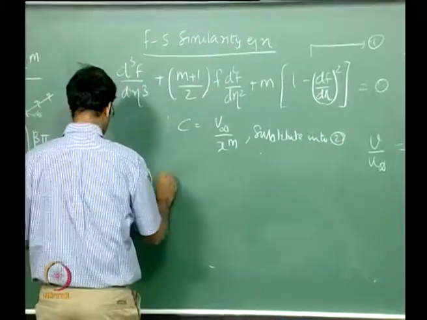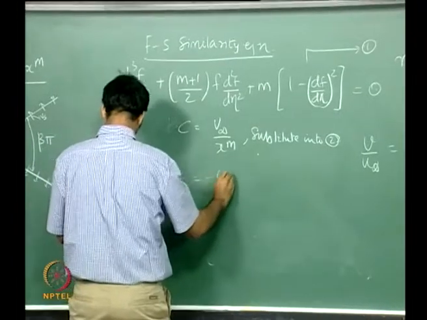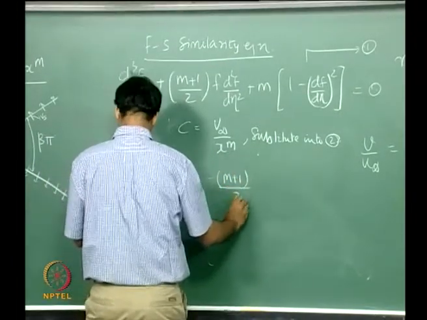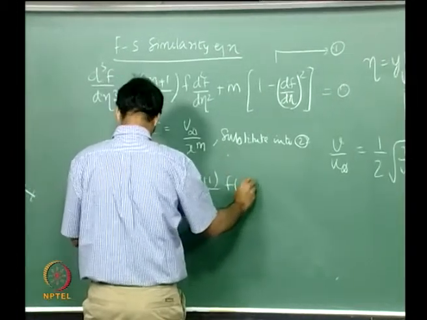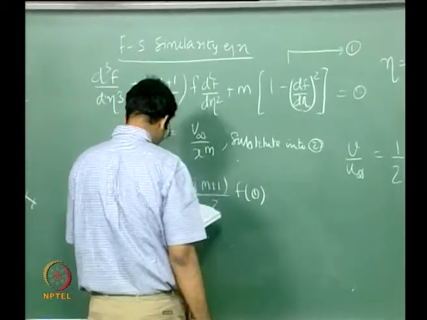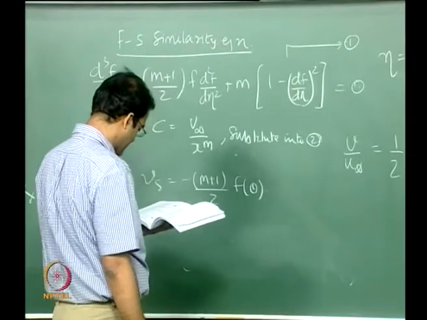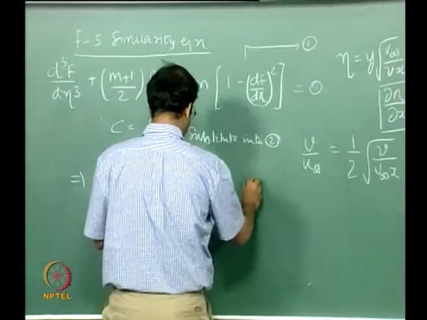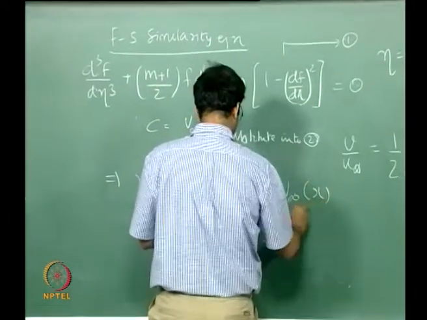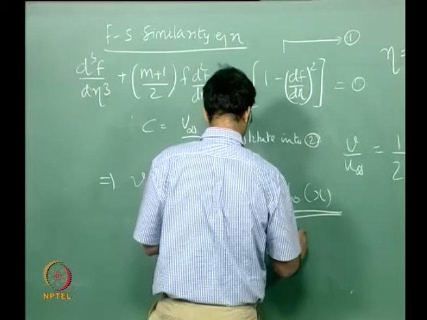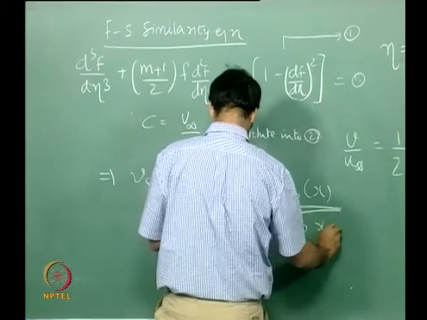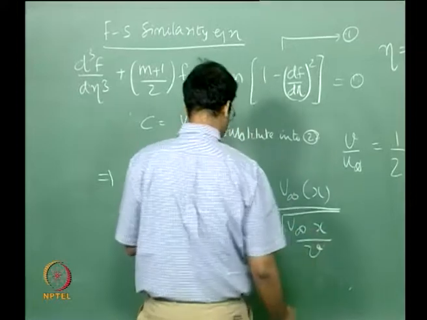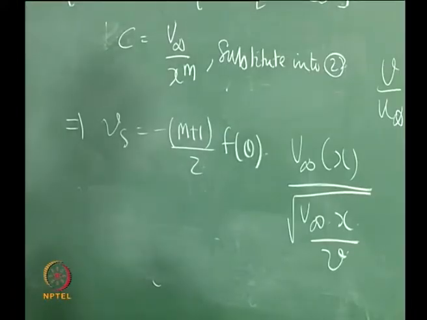So that will give you Vs as minus m plus 1 by 2 into f of 0 into, if you multiply and divide by u infinity, I think you should be getting something like u infinity of x by square root of u infinity into x by nu. Please check if this is correct, u infinity by x power m.